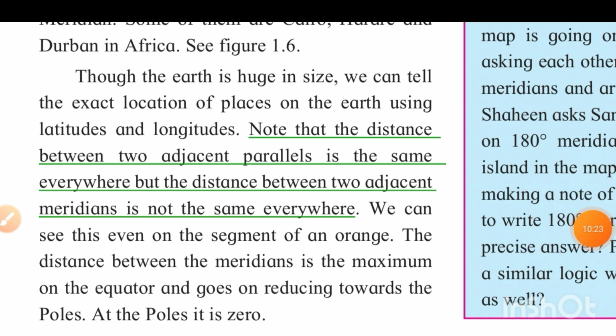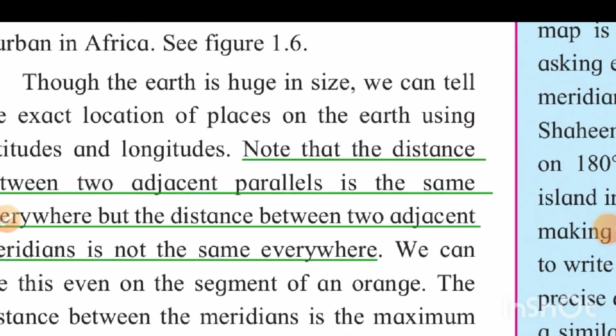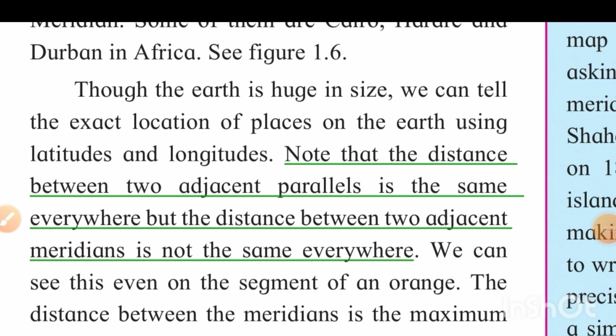Though the earth is huge in size, we can tell the exact location of places on the earth using latitude and longitudes. Note that the distance between two adjacent parallels is the same everywhere, but the distance between two adjacent meridians is not the same everywhere.